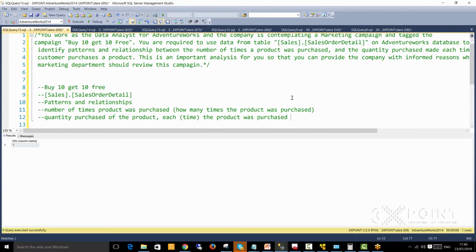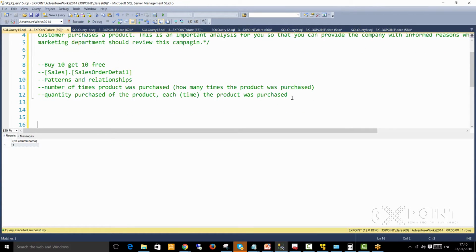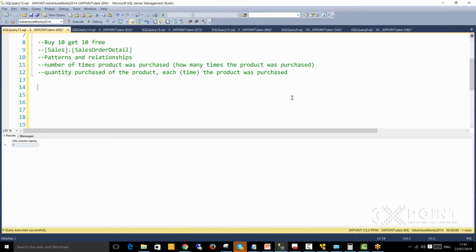So I can actually think of an example in my head. Let's say I have product A, and let's say it was purchased 12 times, and each time it was purchased they bought 3 of it.